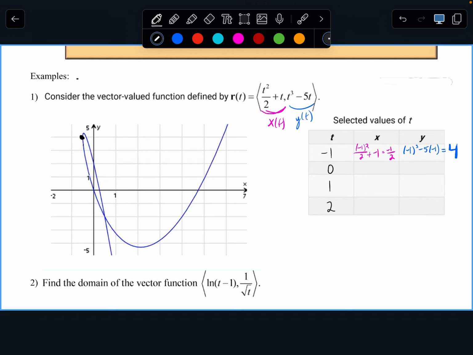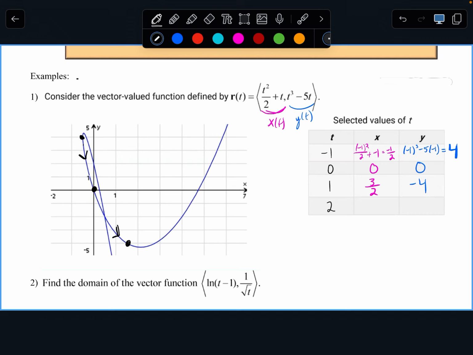And then if you keep filling in your chart, you can get what direction the curve is going. So if you plug 0 in, you get 0, 0. So then that means my curve's going this way. And then you could see 1.5, -4, going this direction.